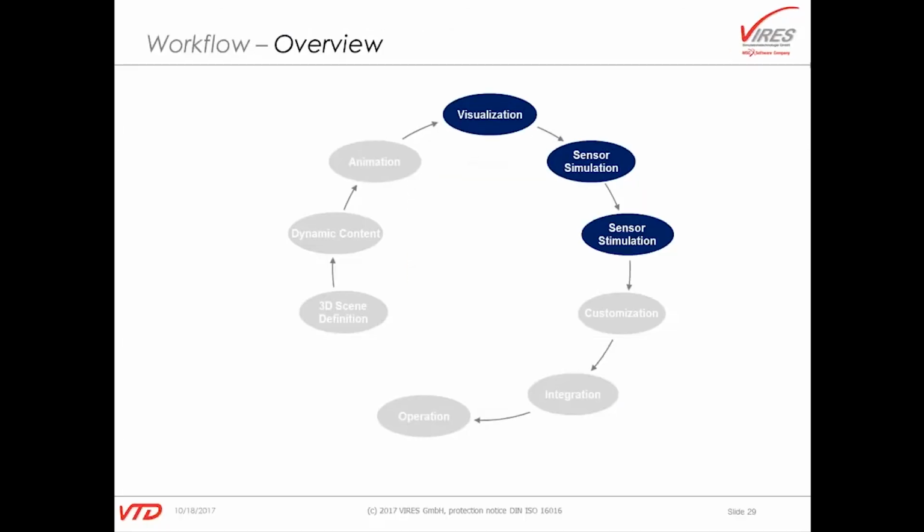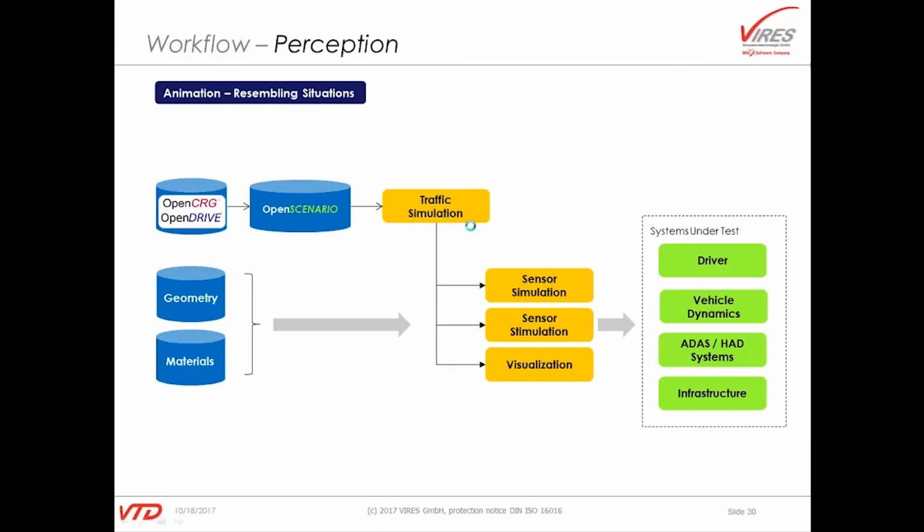Going further, I'm going forward to the means to visualize and to make a perception of what we do in the 3D environment. I will look into this from this side. Before, I told you about the traffic simulation that is based on the road network, and we have the behavior of the dynamic participants described in the OpenScenario.